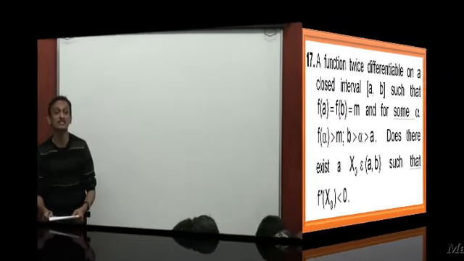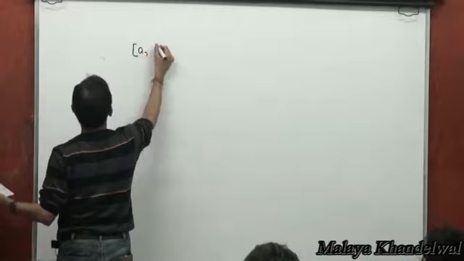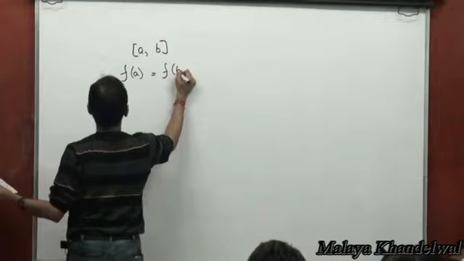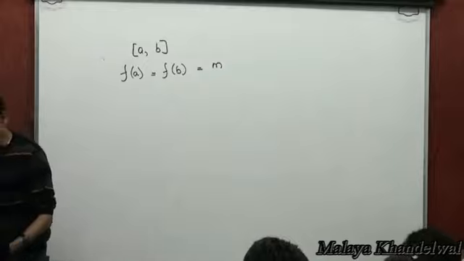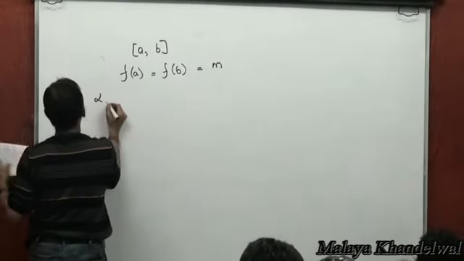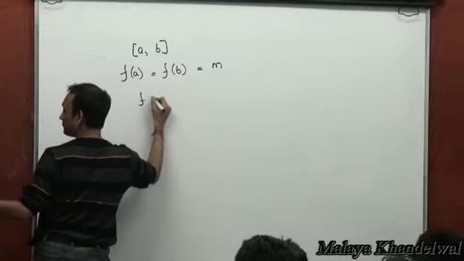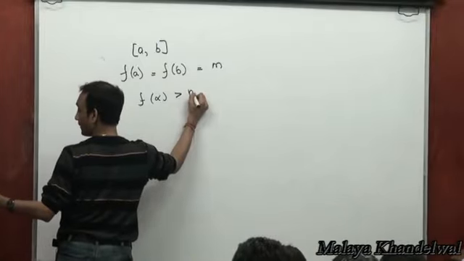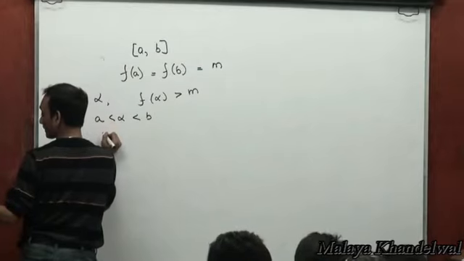A function f is twice differentiable on a closed interval a to b such that f(a) equals f(b) equals m, and for some alpha, f(alpha) is greater than m, where alpha is less than b and greater than a.